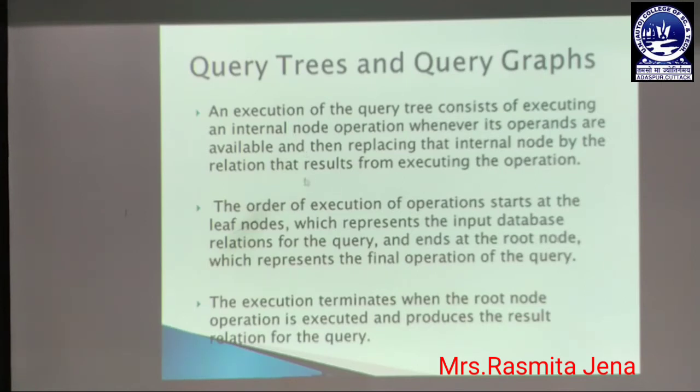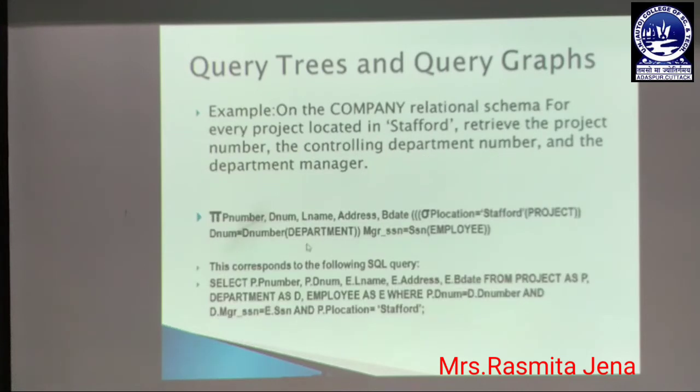We will discuss this point briefly with one corresponding example. The execution terminates when the root node operation is executed and produces the result relation of the query. Okay, let's see the example.